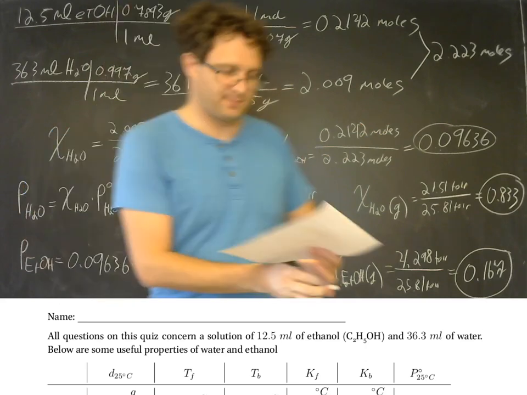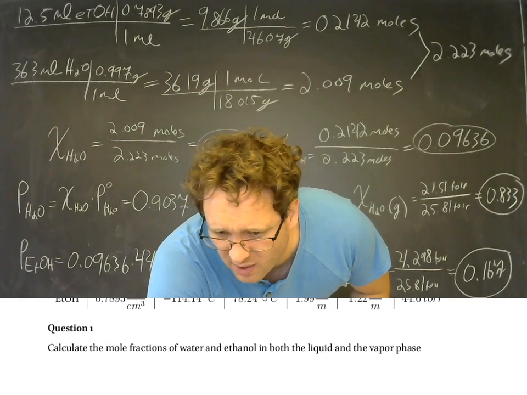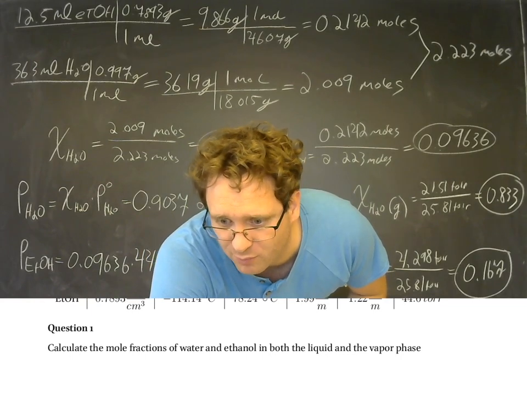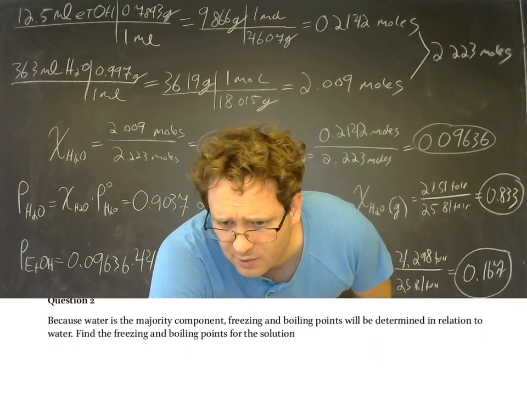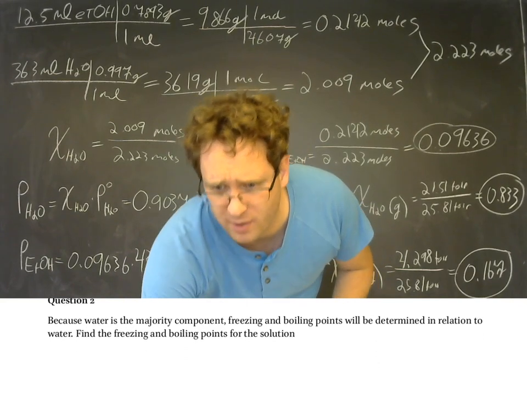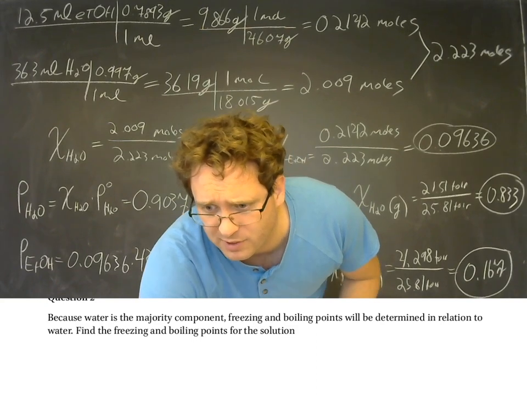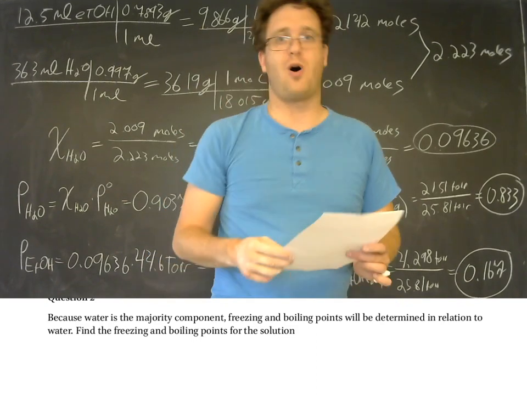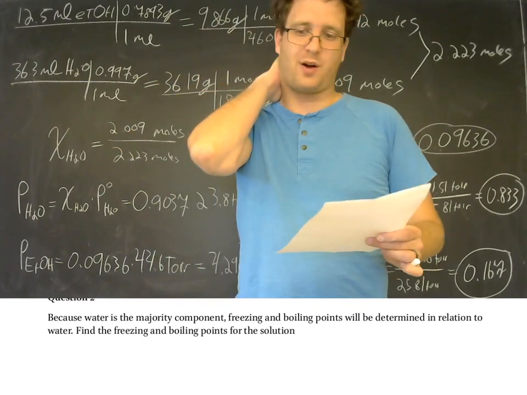All right. Now the next question, sorry, this was all just calculating the mole fraction of water and ethanol in both the liquid and the vapor phase. Question 2 says, because water is the majority component, freezing and boiling points will be determined in relation to water. In other words, we've got freezing and boiling temperatures here for both water and ethanol.